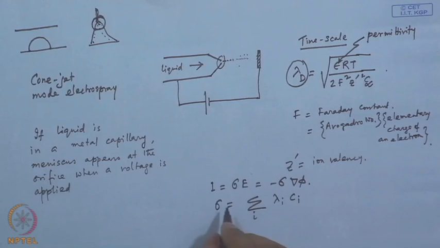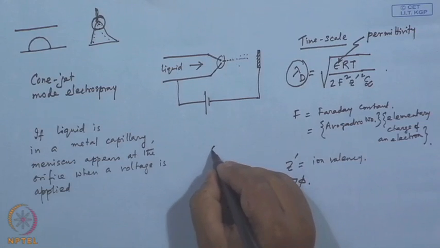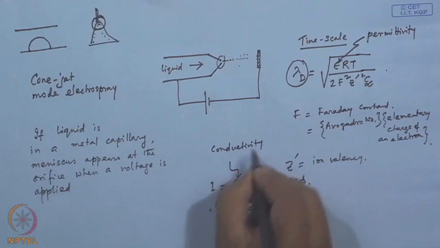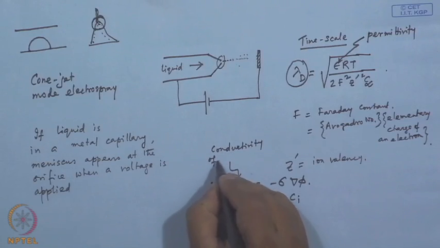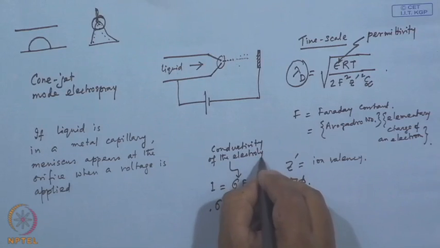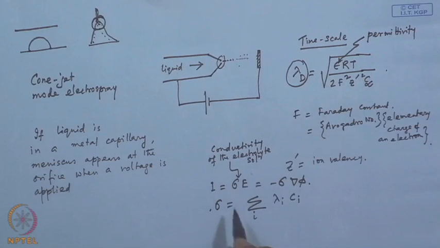This sigma is the conductivity of the electrolyte solution. So, this is permittivity and this sigma is the conductivity. Conductivity is the reciprocal of the resistance. So, you can see I is equal to sigma into E, and E is del of phi. Now where is the conductivity coming from?